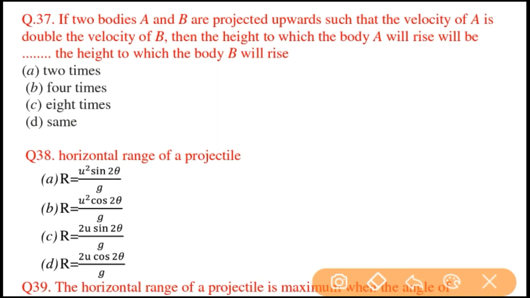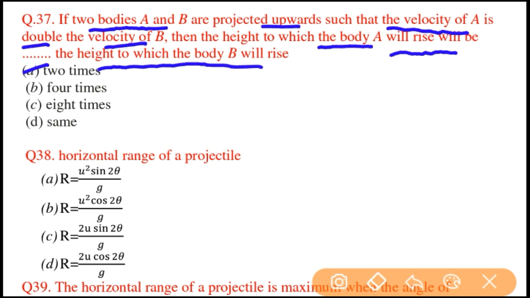In the next question, if two bodies A and B are projected upwards such that the velocity of A is double the velocity of B, then the height to which the body A will rise will be dash the height to which the body B will rise.